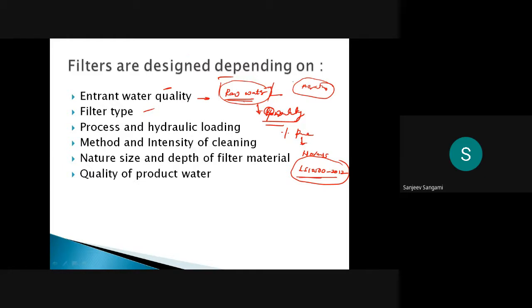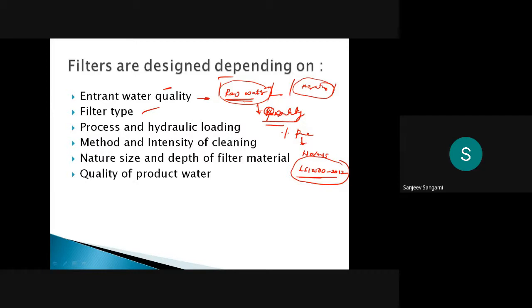Sometimes you can remove the aeration and provide only the screenings. Sometimes you can provide only the filtration process, directly filtration without going for sedimentation and all those things. So that has to be decided based on the quality. Then the filter type: what kind of filters you are using.